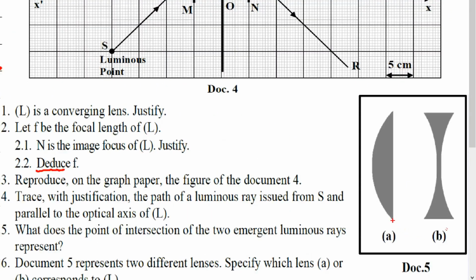Notice that the lens A is thicker at the center and thinner at the edges, and this is known as a thin edge lens, which is a converging lens. Whereas the lens B is thicker at the edges and thinner at the center, and this is known as a thick edge lens, which is a diverging lens. So the lens A corresponds to L because they are of the same nature, which is a converging lens.